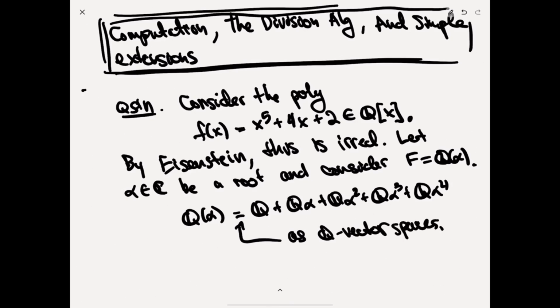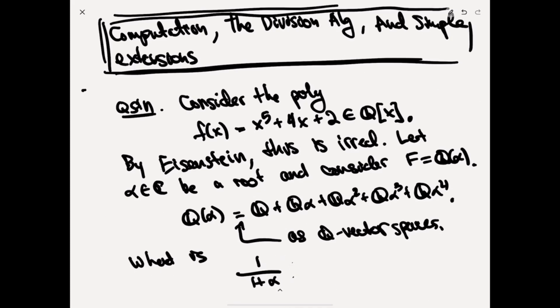So this is what we have. So what is, let's say, 1 over 1 plus alpha? This should look like something here.